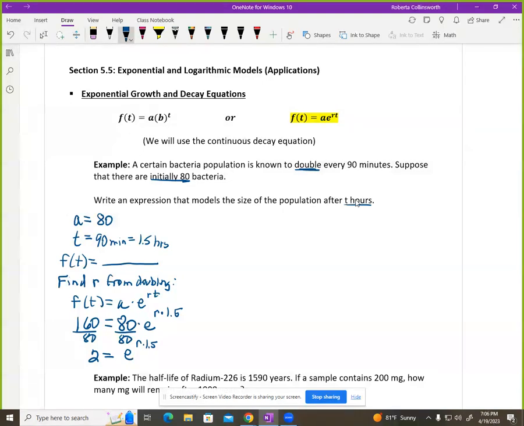So I can find out what R is by taking the log of both sides, or ln. I'm just going to take the ln of both sides. It might make it easier if I write this as 1.5 times R. Now I can take this and move it around to the front.